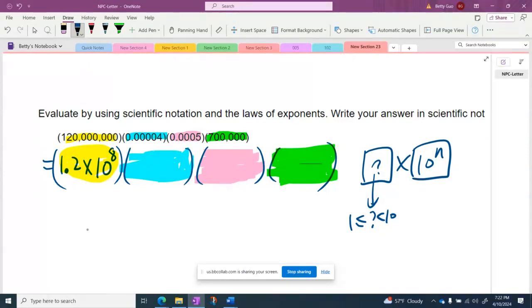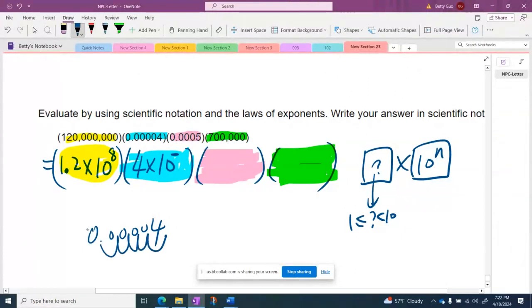Let's see the blue. The blue is 0.00004. So we're going to have 4 times 10 to the power negative, because this is a very tiny number, so we have a negative exponent on the power of 10. It's going to be 1, 2, 3, 4, 5, negative 5.